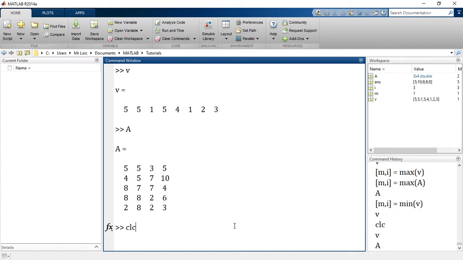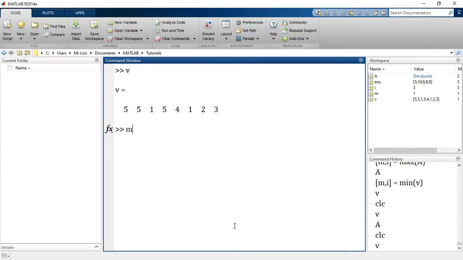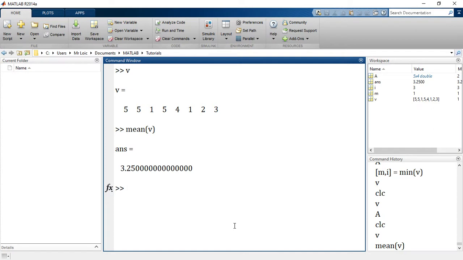To calculate the mean of a one-dimensional array is simply mean of V, and it gives you the mean of all of these numbers. If you add all of these numbers, should we try that?